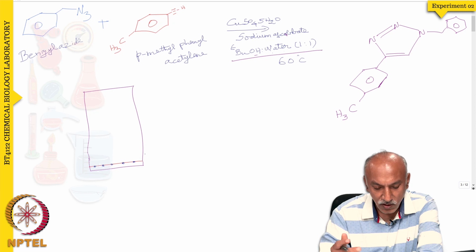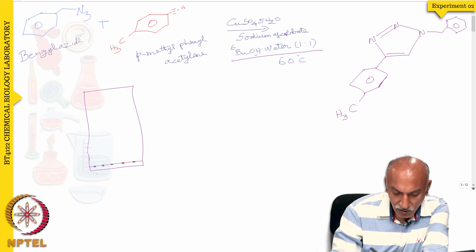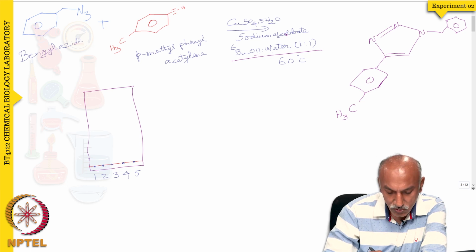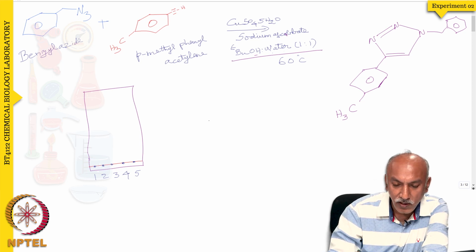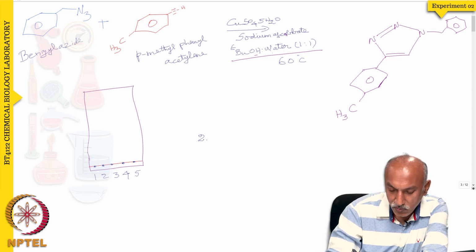In lane 1, 2, 3, 4 and 5, lanes 2, 3 and 4 will contain the reaction mixture.